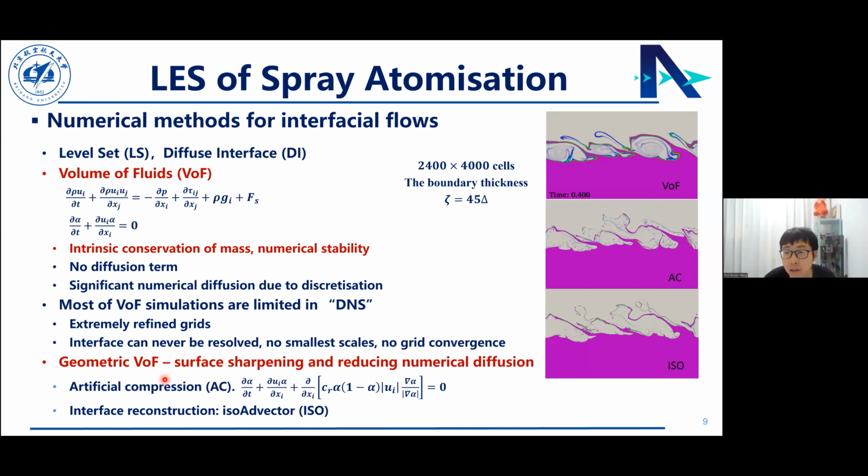And I also do a test here. This is artificial compression, and this is isoAdvector. We will see at a very refined grid, the cells between 0 and 1 are almost vanishing, and they show very close results. And then we can give a conclusion. The DNS is extremely expensive, and we can see Professor Kun Luo's paper from PECS in 2019.